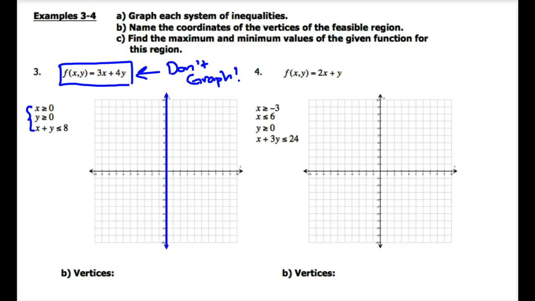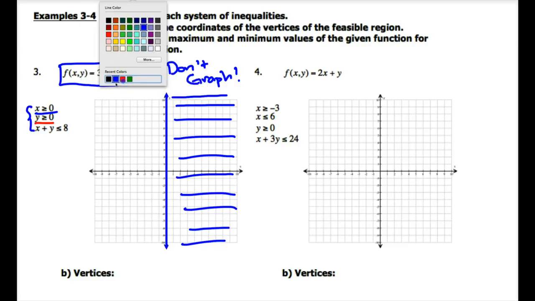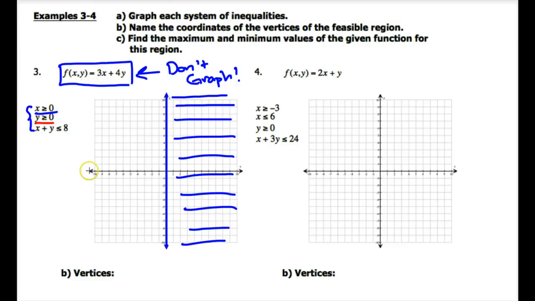And it's going to be shaded to the right, since it's a greater than. Okay, so that's my first inequality. My second inequality is y is greater than or equal to 0, so this one's just going to be a horizontal line on the x-axis, and for that one we'll shade above.